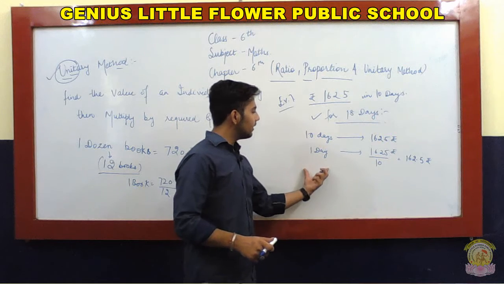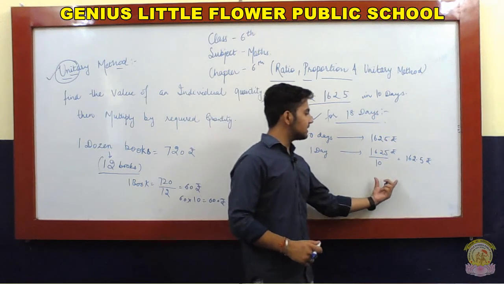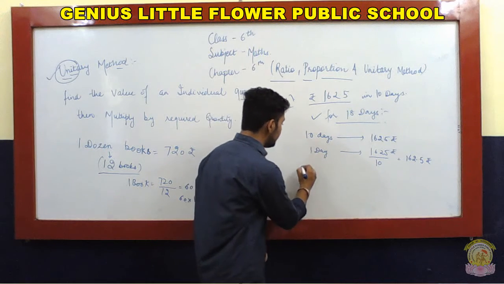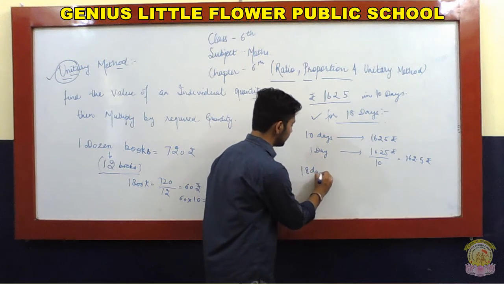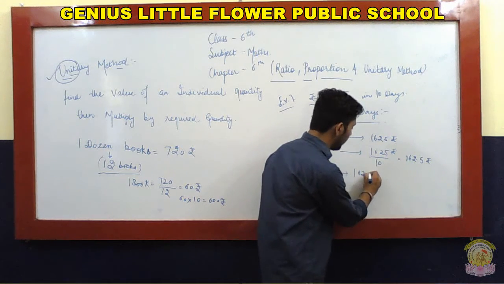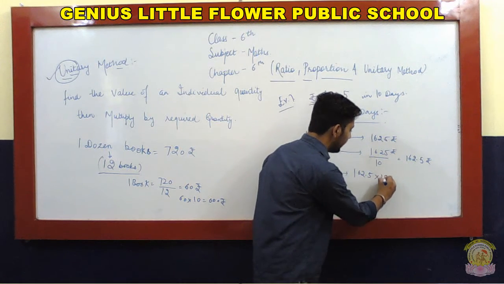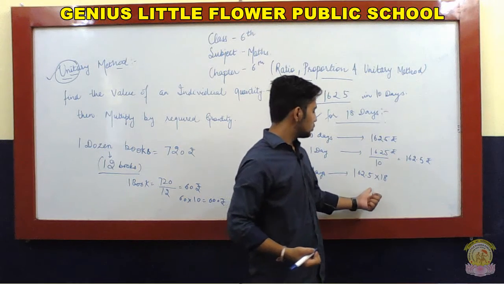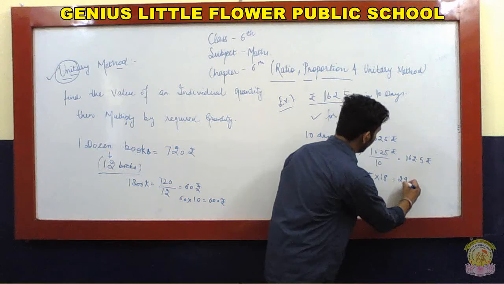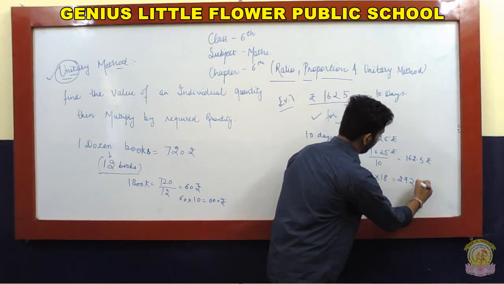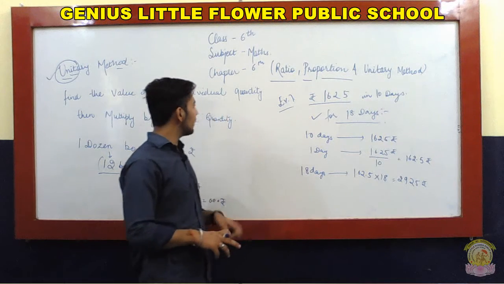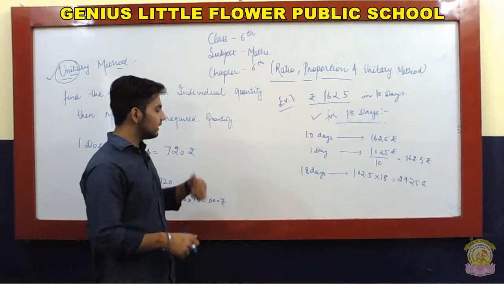So for 18 days the value is 162.5 into 18. Then what you will get is 2925 rupees. Okay, so you can check your answers in your answer books. In your books everything is mentioned and you have to solve other examples too.